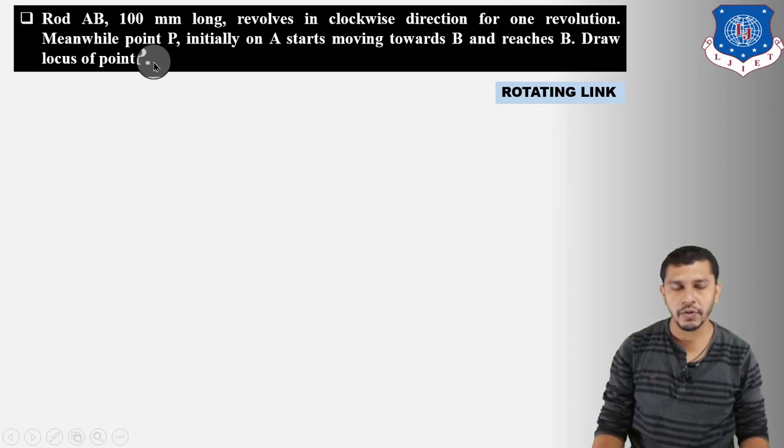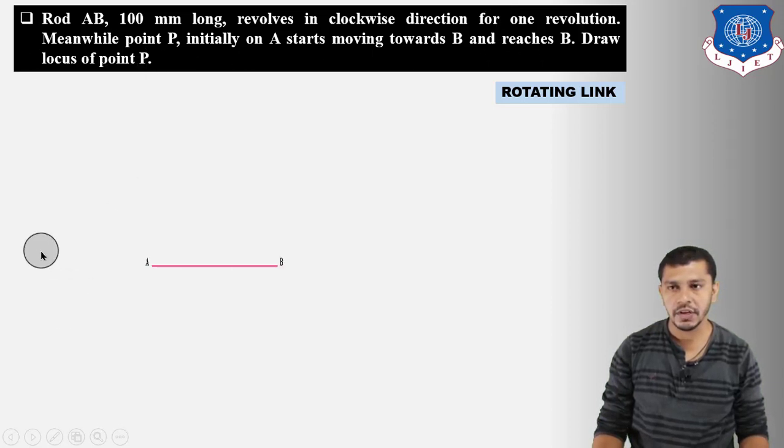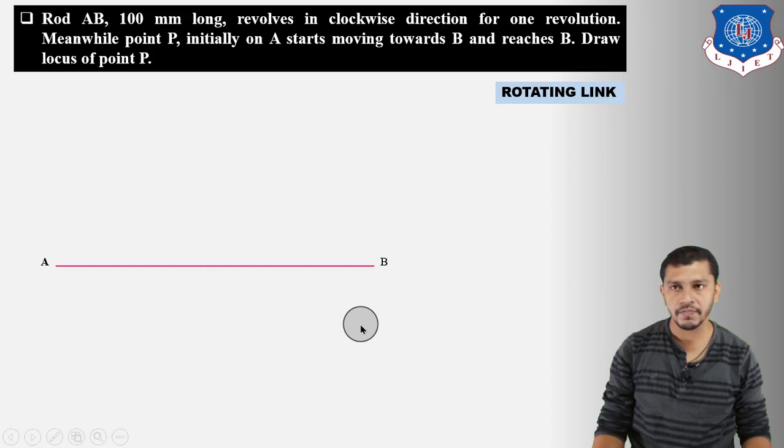Draw the locus of point P. So here we have a rod AB having length equal to 100 mm, and it revolves in clockwise direction for 1 revolution, and at the same time point P, which is initially at A, starts moving towards point B and reaches B when the rod AB completes 1 revolution.